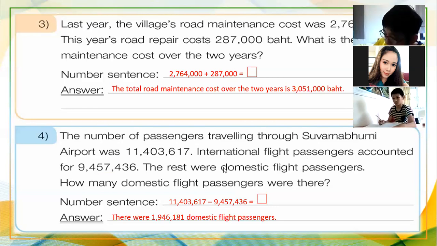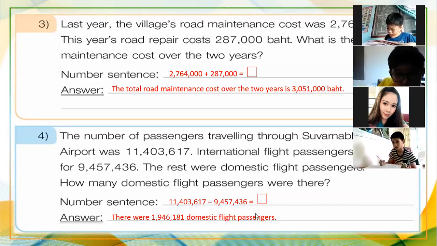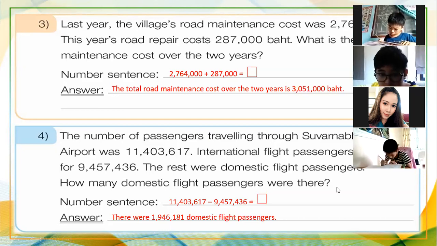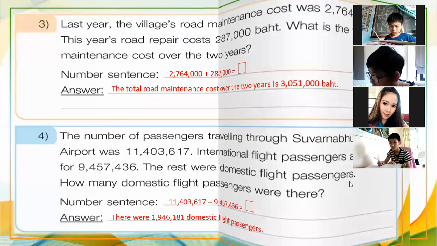So the remaining amount is all domestic passengers. So 11,403,617 subtract 9,457,436. If we minus them, we are going to have the total amount of domestic flight passengers. So we perform subtraction here. Okay, students.